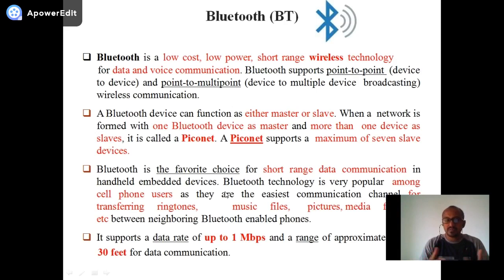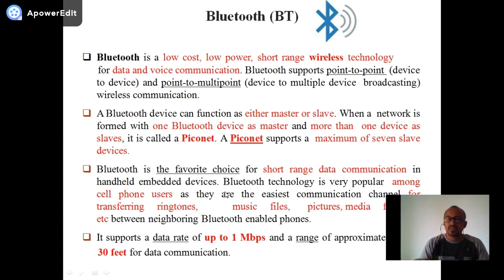As you might have observed, Bluetooth supports point to point device communication and point to multi-point broadcasting wireless communication too, with more than one device as slaves and the Bluetooth device as a master, in an embedded system where Bluetooth communication is incorporated.